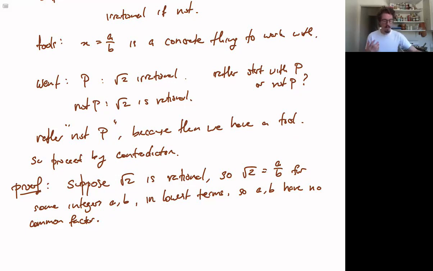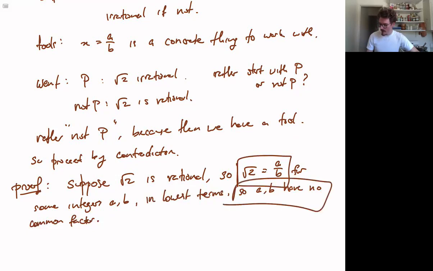And the reason that you might want to do it is just because it gives you a little bit more to work with. So what do we have so far? We have this explicit, well, okay, we don't know what a and b are, but we have this at least a little bit explicit expression for root 2. We have a concrete thing to work with. And this gives us just some extra fact. So a and b have no common factor. A little bit more to work with there.